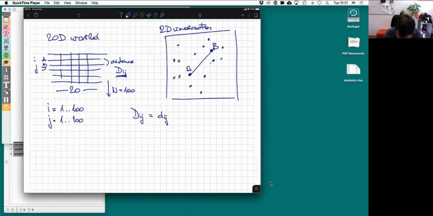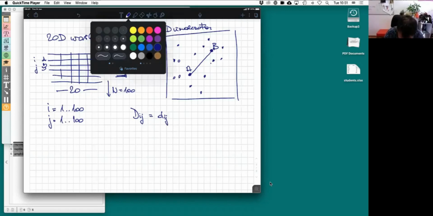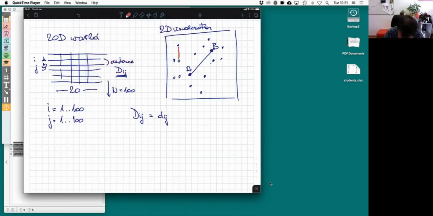For every pair of points, dkl would be equal to the distance kl in the 20 dimensions.